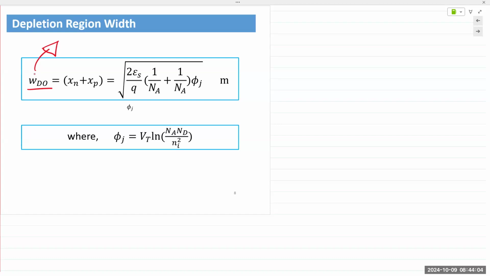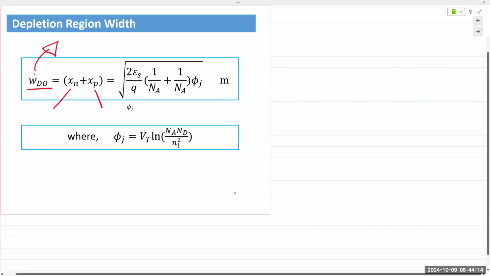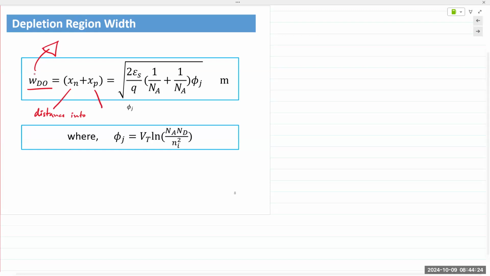That is given by the distance into the P-type material and the distance into the N-type material. Xn and Xp are basically how far the depletion region extends into each of the P and N type materials.